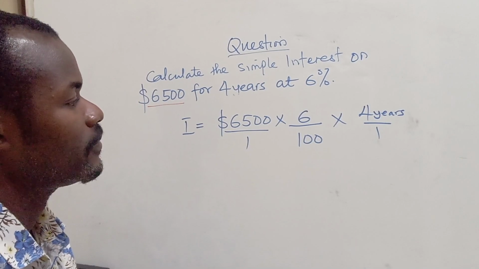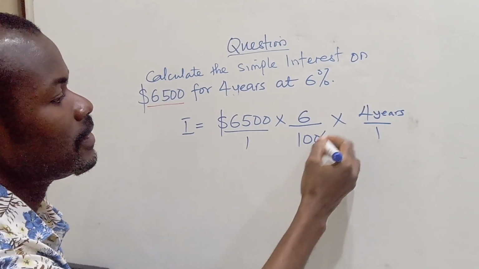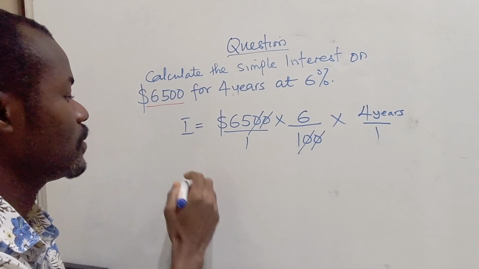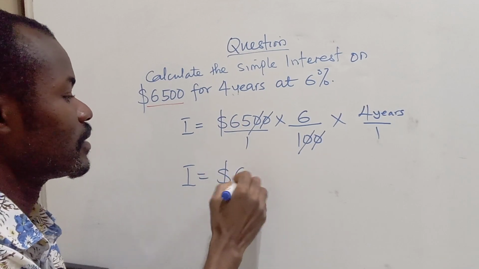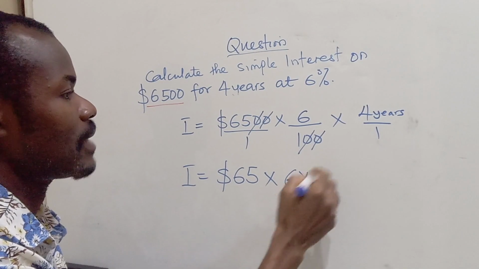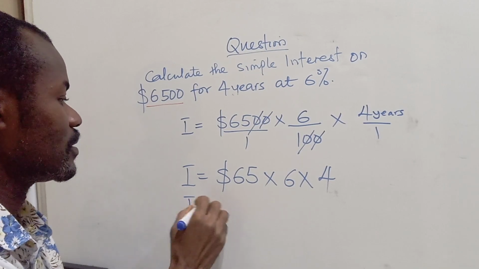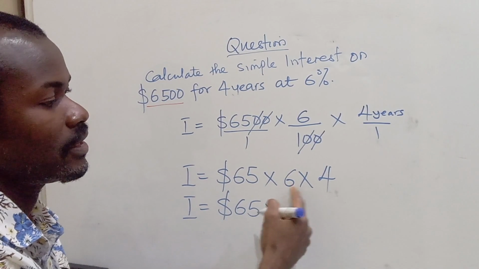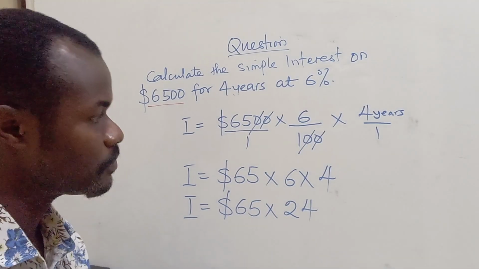If we solve this, we are going to get our simple interest. I can decide to say this 0 can cancel this 0, and this 0 can cancel this 0. Our interest, we are left with just $65 times 6 times 4, which is 24.